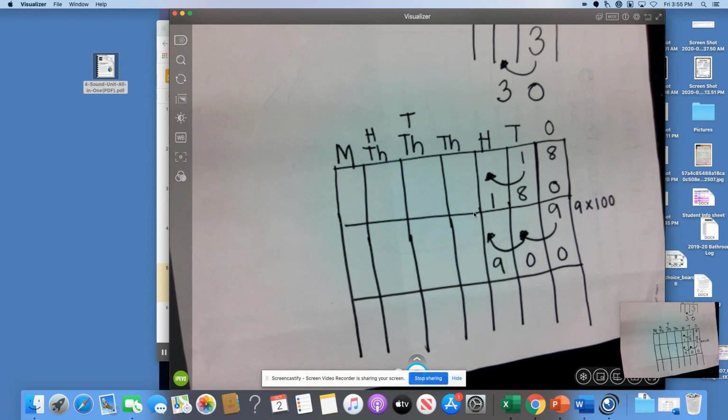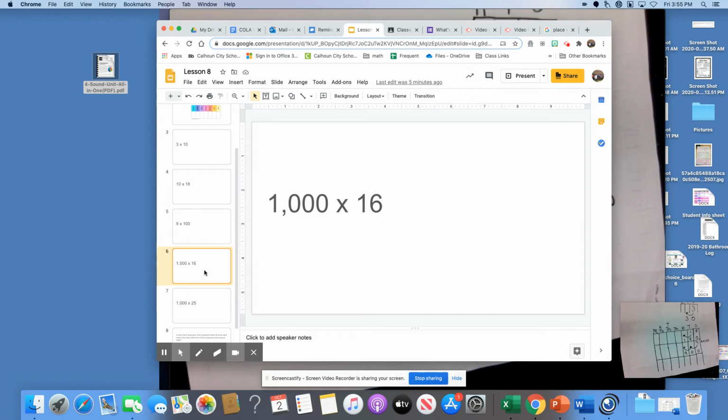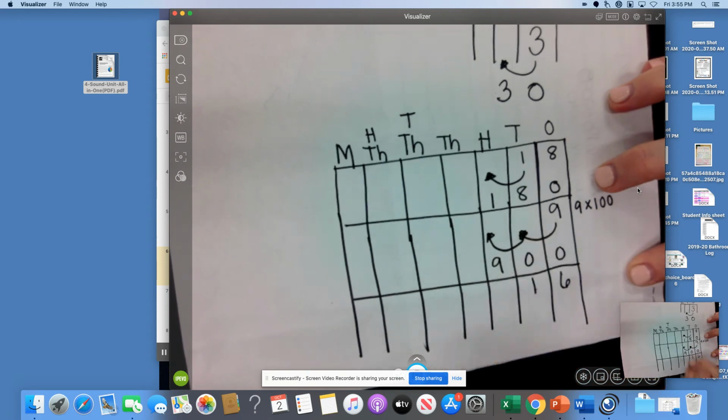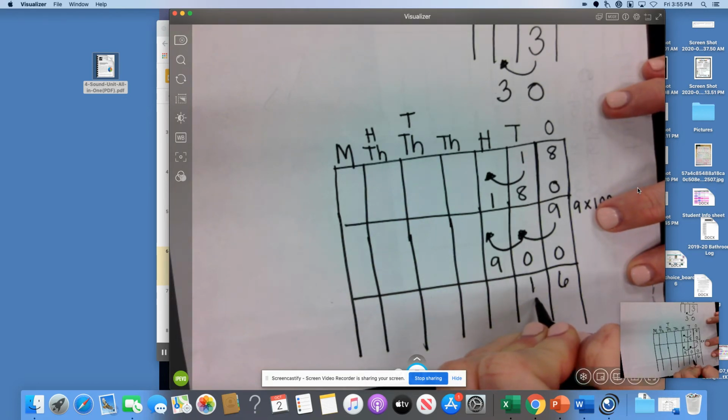Let's move on. Looks like I might run out of room, so I'm going to have to make a new one. All right, we have 2 more. 16 times 1,000. Oh my word, you can do it. So I'm going to place 16 in here. Now you're doing this by yourself, so pause it and then check yourself once you're done. All right, so you joined in after you solved it.